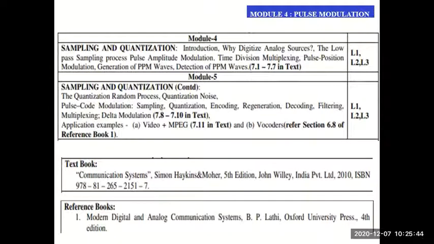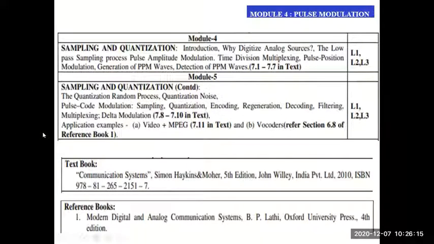So many steps are involved in that. And in module 5, we will continue with what is quantization and what happens when we quantize a discrete signal, and then how to perform digital modulation on a discretized signal. How you can perform pulse code modulation, which is a digital modulation technique.